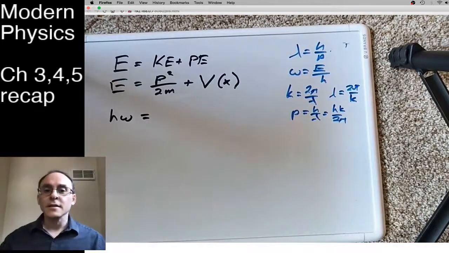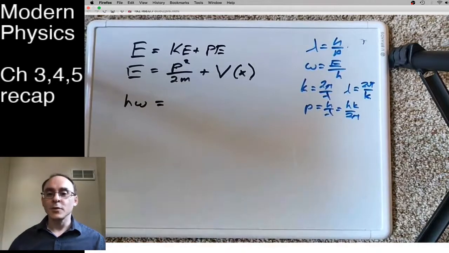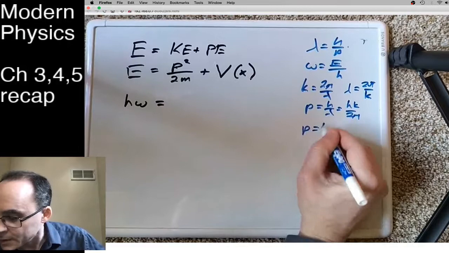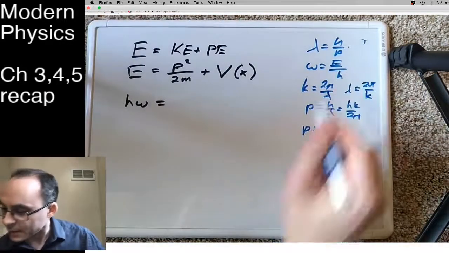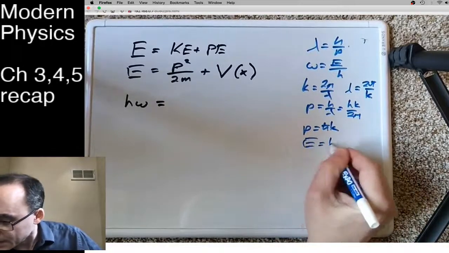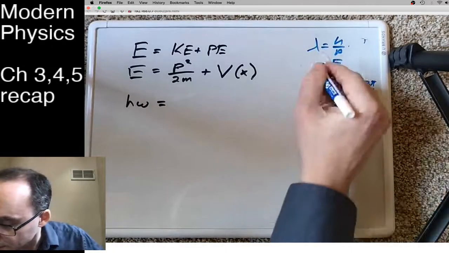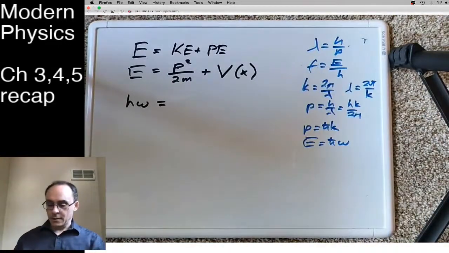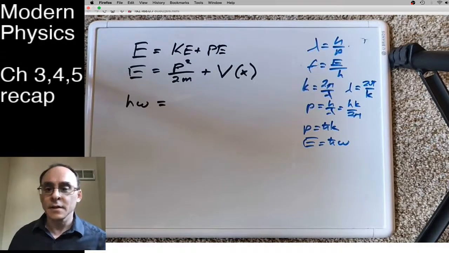Remember, we had a shorthand way of writing h over 2 pi. We just call that h bar. So momentum is h bar k. And actually, I messed up a little bit here. There's a 2 pi in here: frequency is E over h, but if we switch to omega, there's that factor of 2 pi in there.